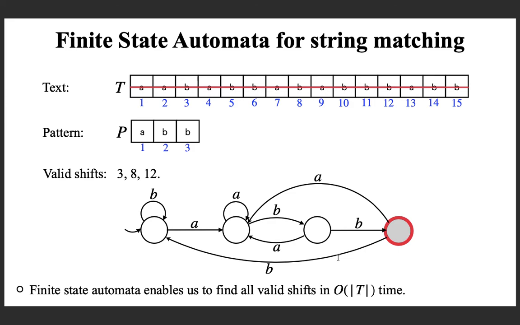And if you recall the complexity of the naive algorithm and the Rabin-Karp algorithm, in the worst case it was m times (n minus m plus 1), and when the size of the pattern is as large as the input, then it is quadratic, but here it is linear. But it remains for us to see how you can automatically construct this automaton from a pattern, and that is the agenda for the next lecture.